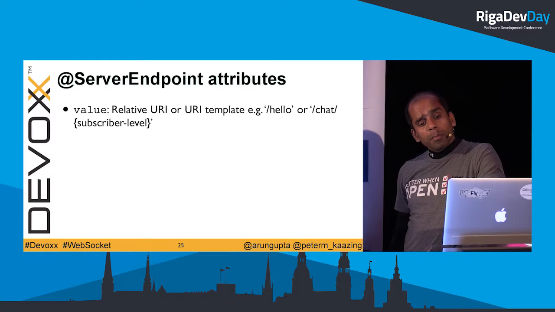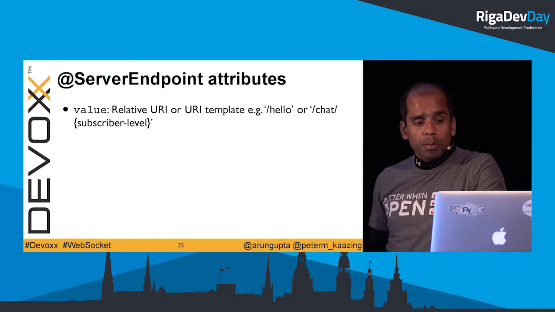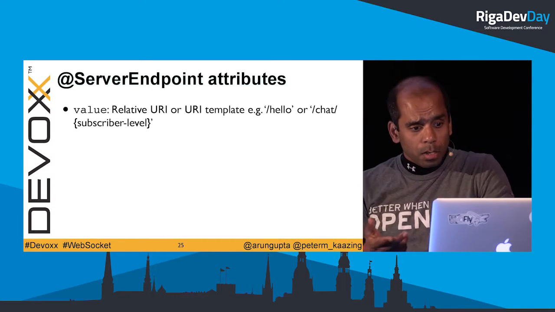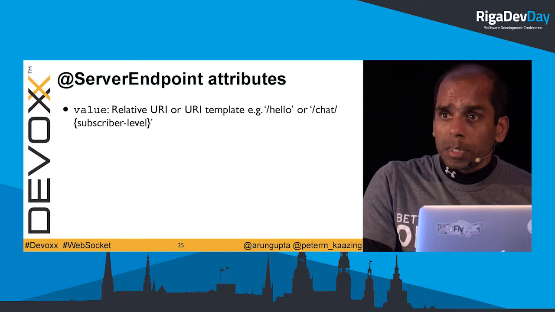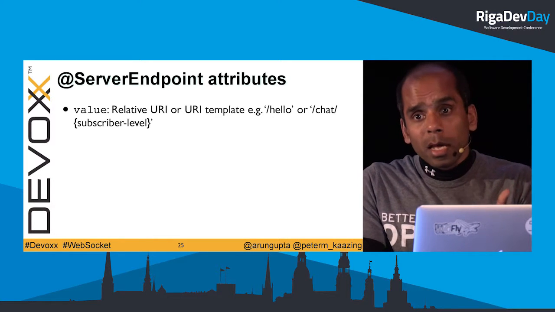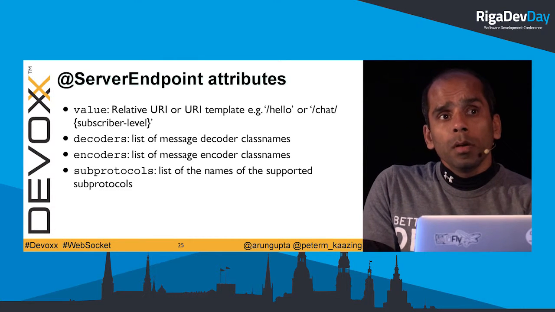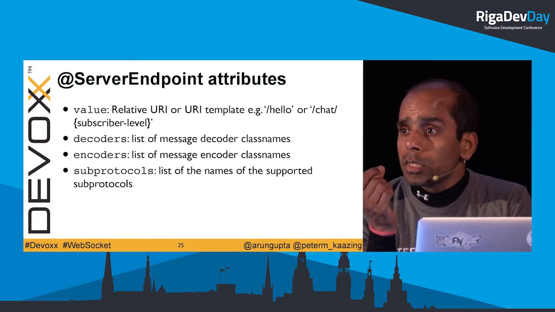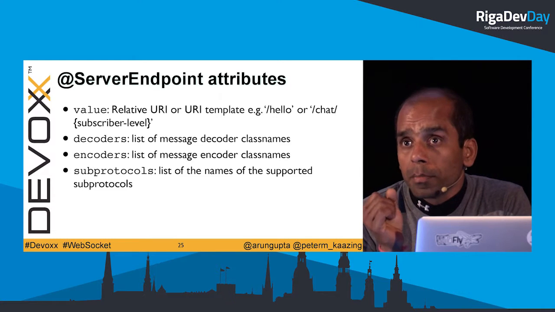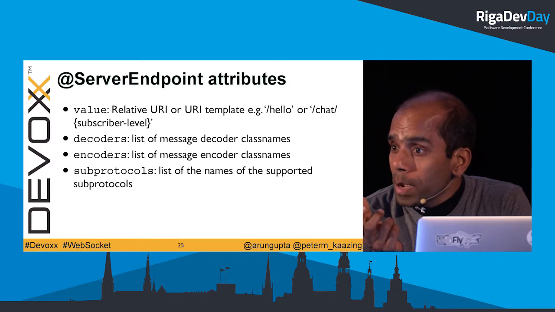So if I look at the server endpoint annotation itself, which is the primary annotation by which I make a POJO into a server endpoint, there are a few attributes that I can specify. The first, of course, is the value, which is the URI where the server endpoint will be listening. Now, a server endpoint can receive text or binary data, but every time you receive text or binary, you may not want to deal with it in a raw format.